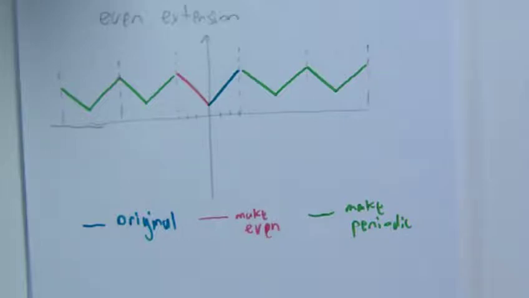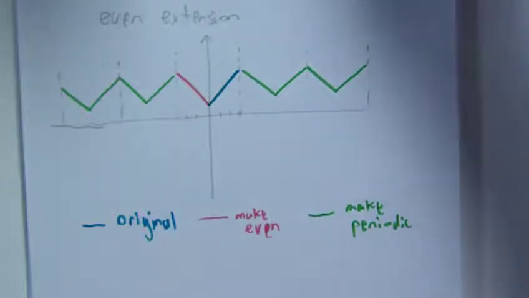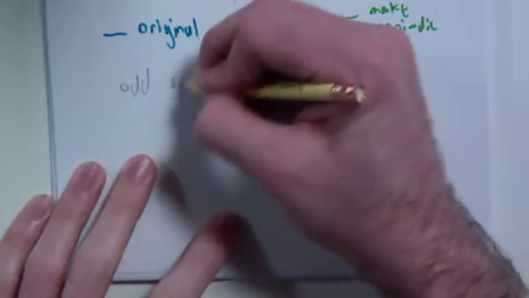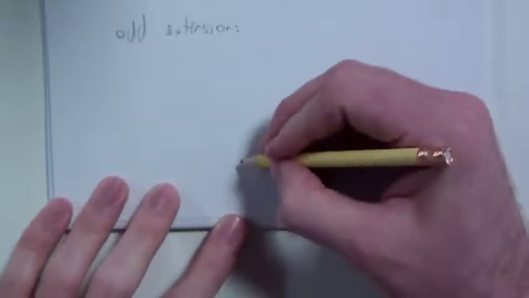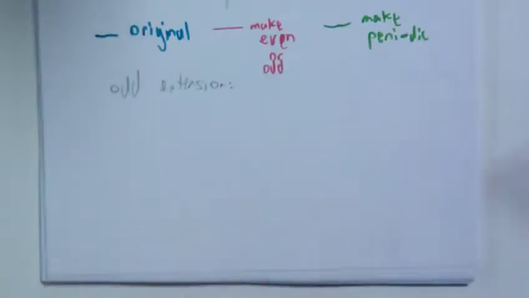I'm just going to draw the odd extension while I'm at it, even though I'm not going to use it, just so that you can see what it looks like. And I'll use the same key, make it the original, and then I'll make it even or odd.